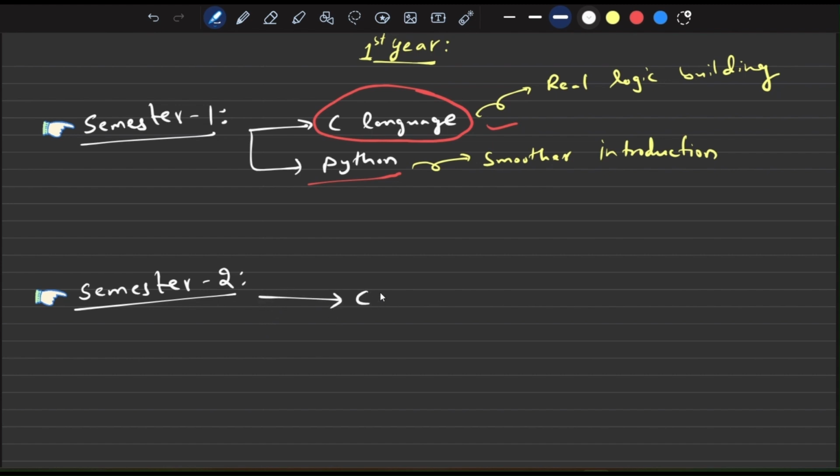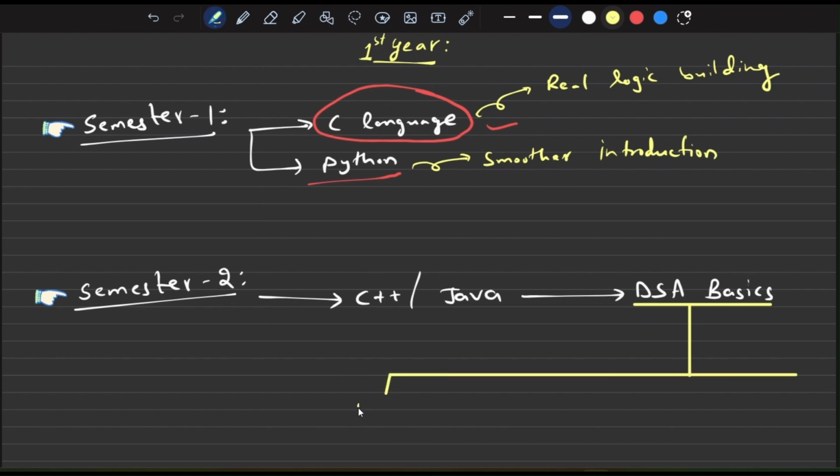In your second semester, as you have touched the basics, now choose a strong programming language like C++ or Java to start learning DSA basics, which includes topics like arrays, linked lists, stacks, queues.